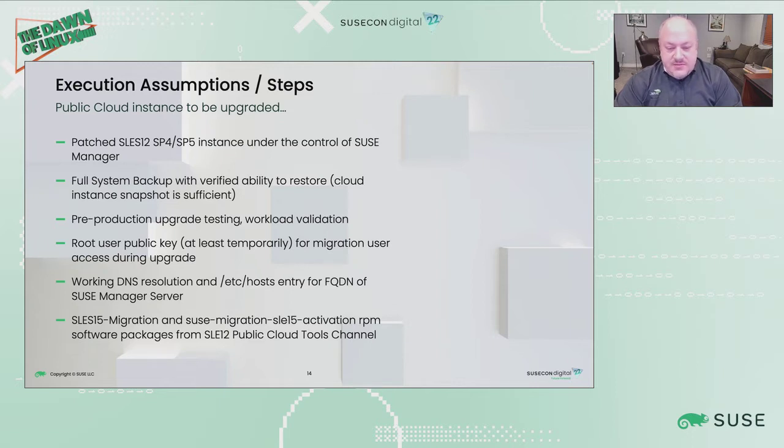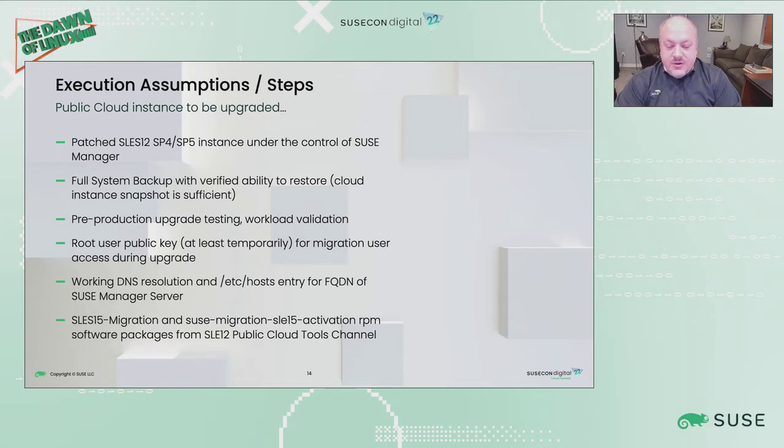The pre-production upgrade testing and workload validation is absolutely required. Checking with things like the SAP product availability matrix and other ISV certification requirements is highly recommended. We would recommend copying a public key to the root user on the instance so that the migration user can access the system during the upgrade.